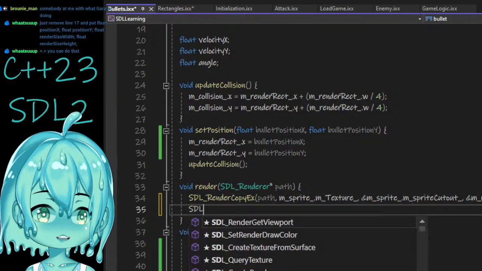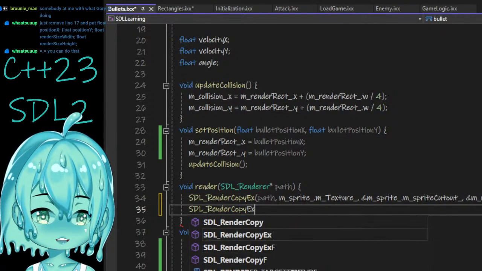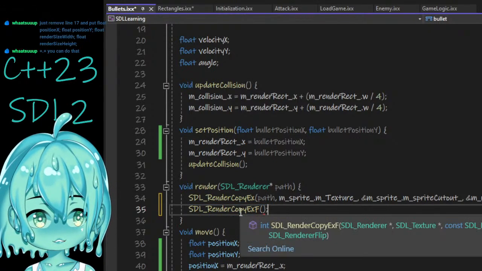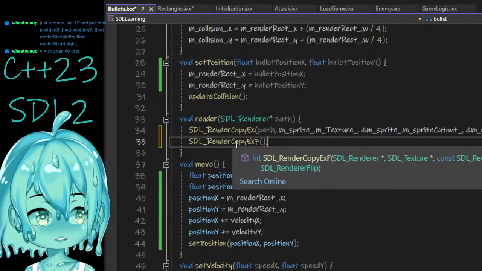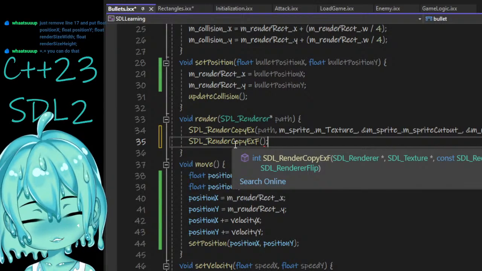Is there an SDL render copy XF? Oh, there is. Okay, hold on. You accept floating rects. I can't make my own rectangle, at least for anything that needs to be rendered.